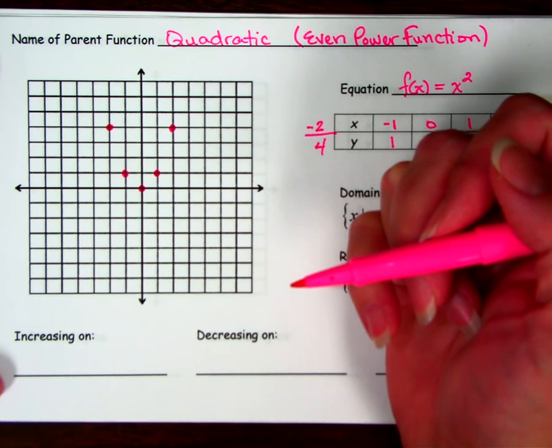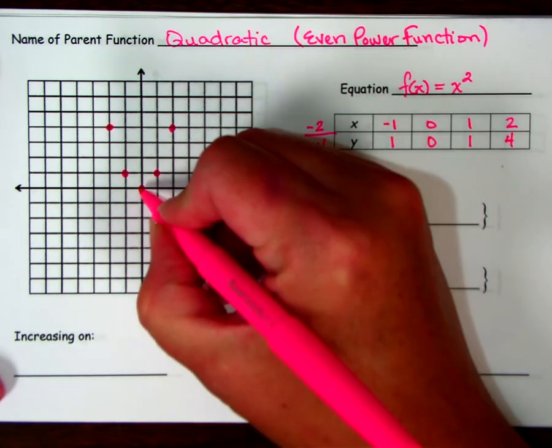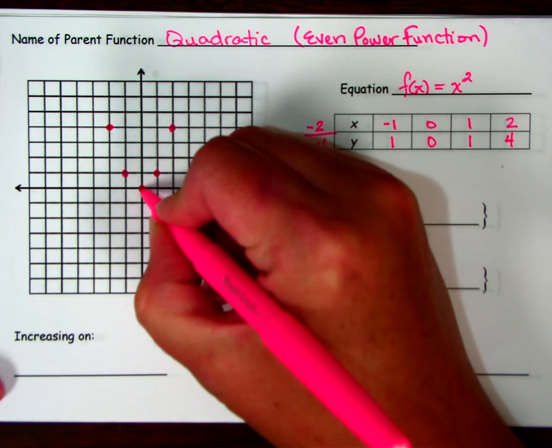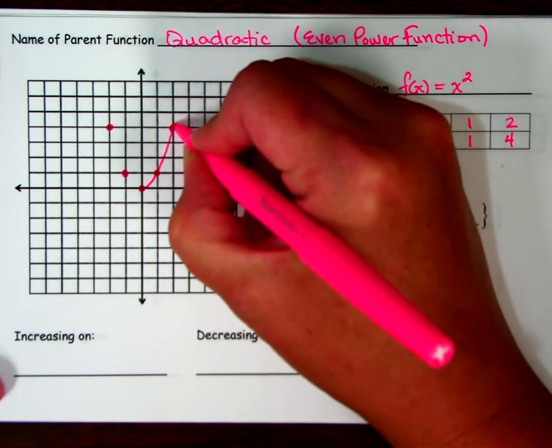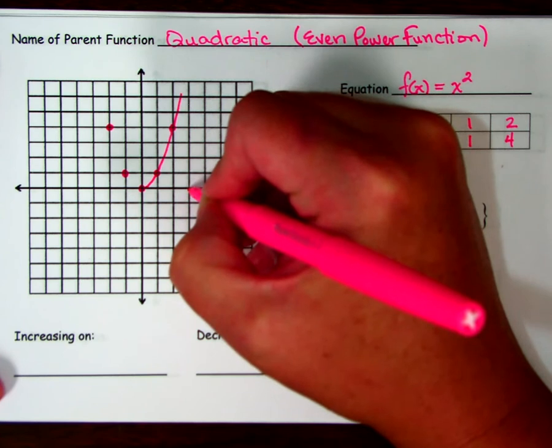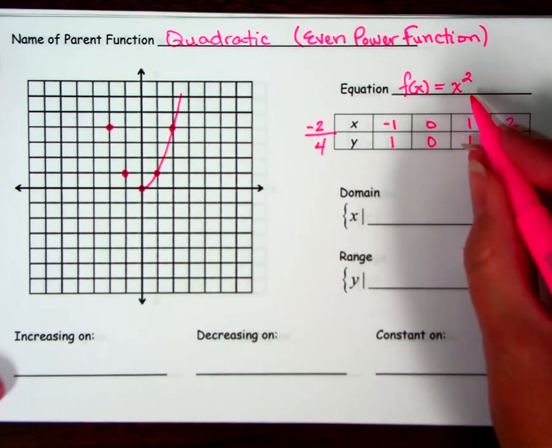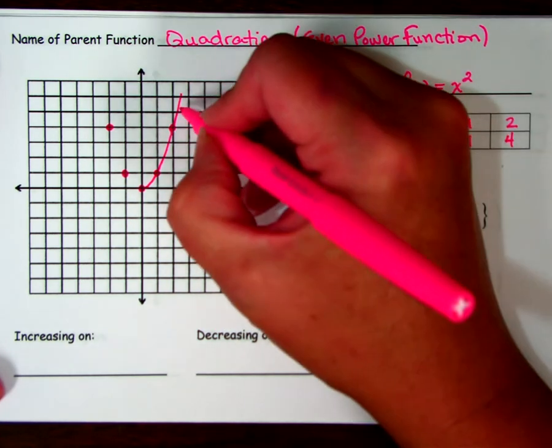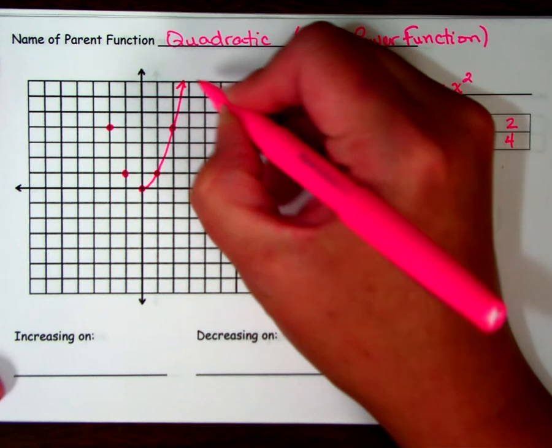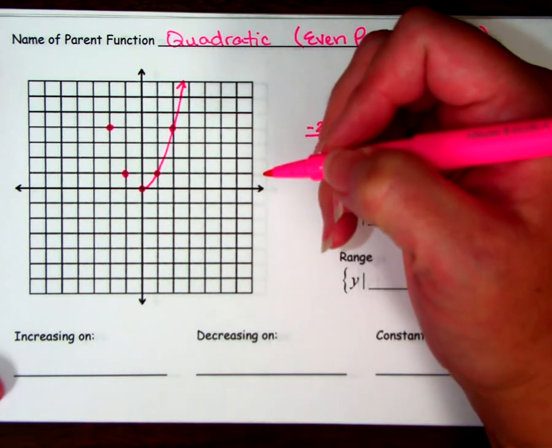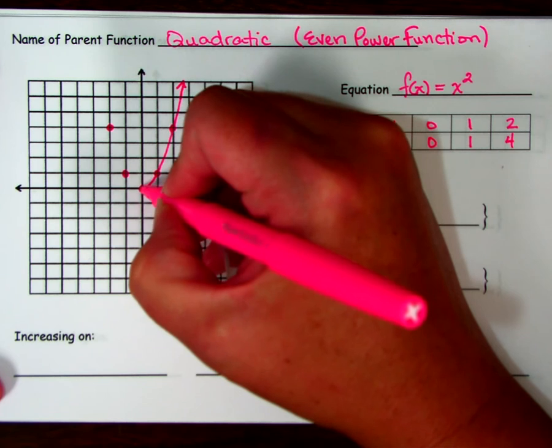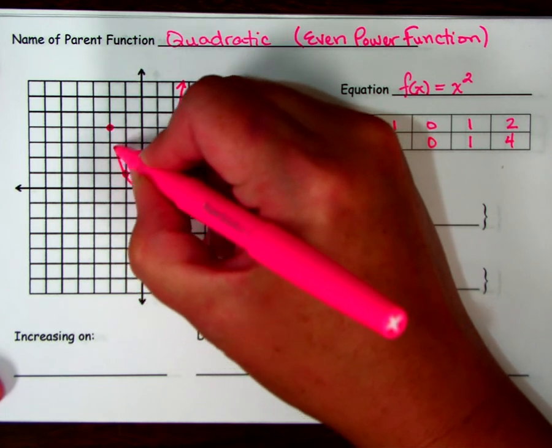I get a pretty good idea of the shape of this one. It looks kind of like a U shape. If I continued on, when I went to 3 and I put that in place of x, it would say 3 squared, which is 9. So that means before I get to this next line here, I would have to go all the way up to 9. Same thing on the other side.